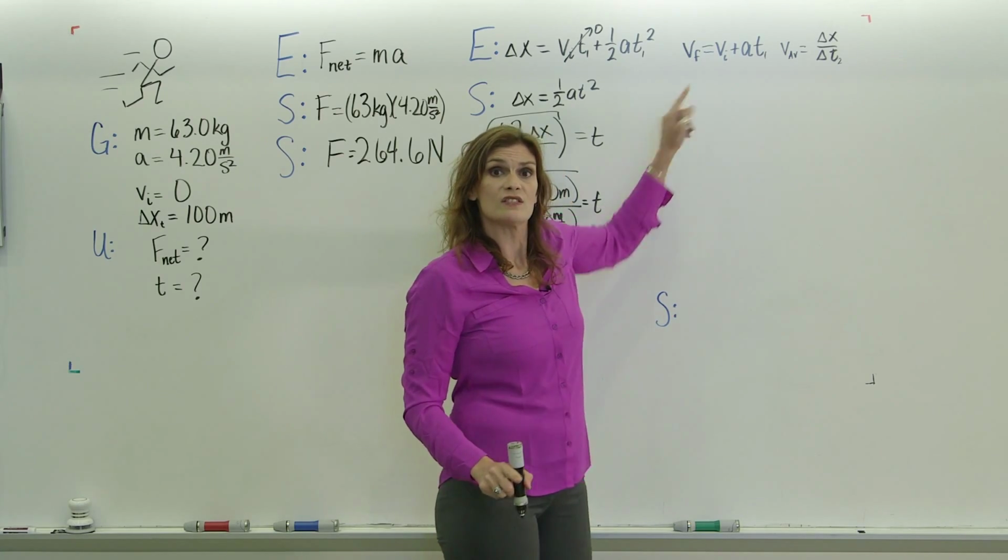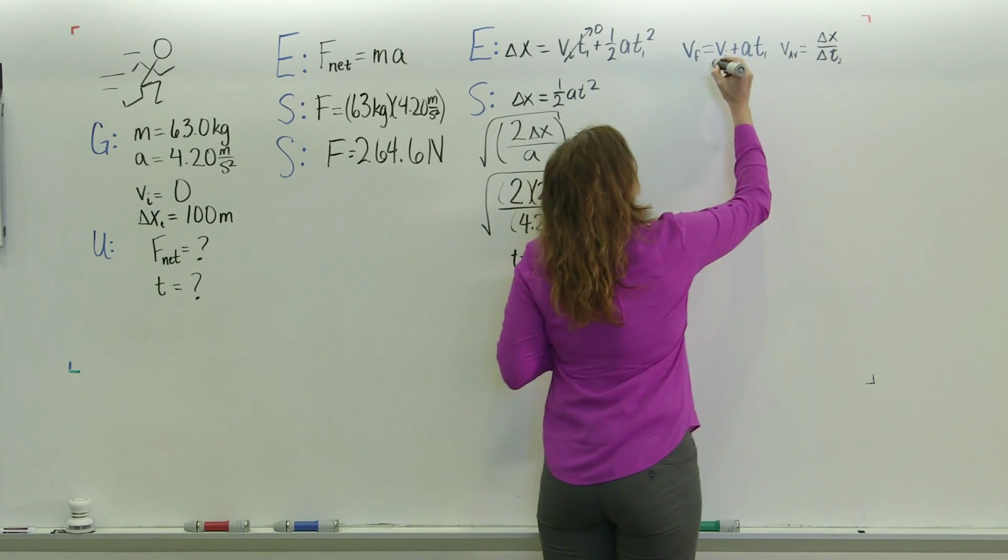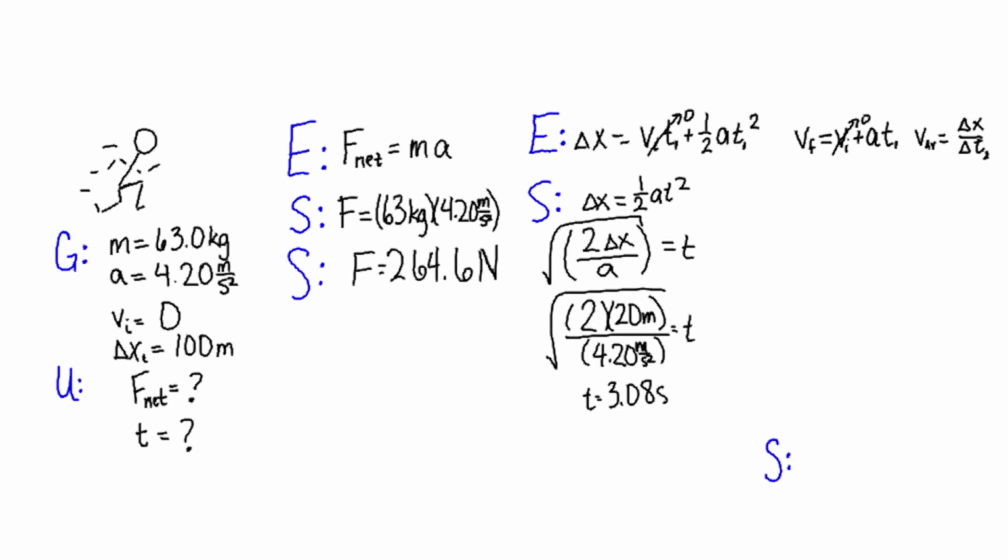this equation to find his final velocity. We know his initial velocity was 0, so we get final velocity equals acceleration times time. The units cancel, and you get that the final velocity is 12.96 meters per second.